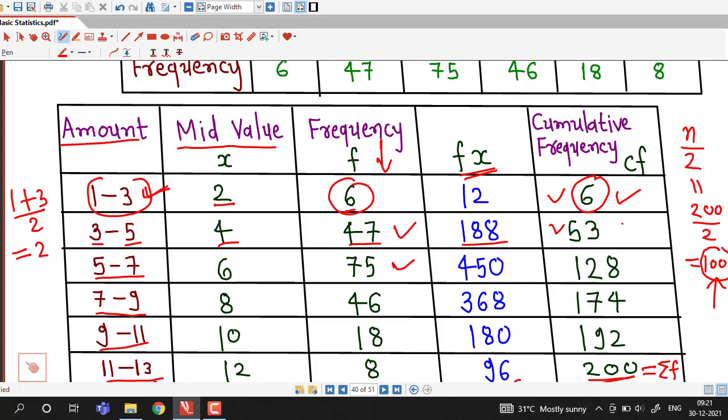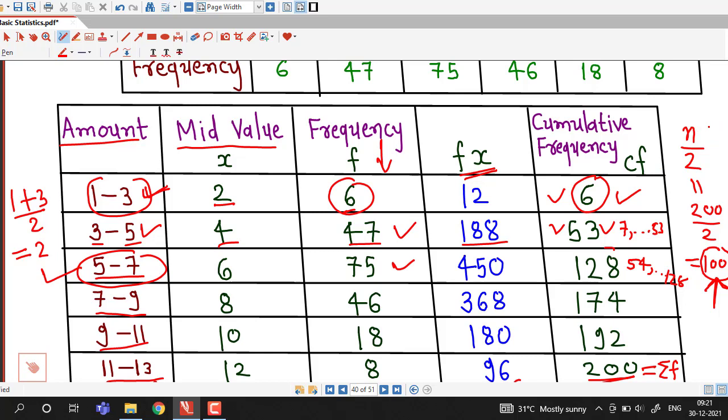Then observations number 7 to 53 are in the class 3 to 5, and observations from 54 to 128 are in the class 5 to 7. We are interested in the observation at the 100th position, so that will belong to the class 5 to 7. So we can see 5 to 7 is the median class.